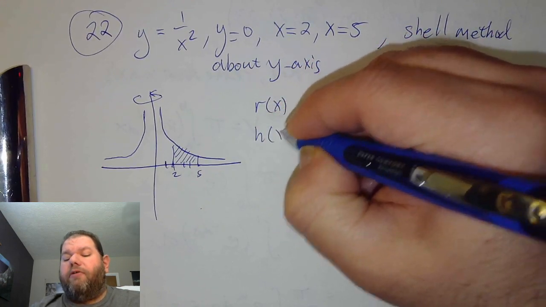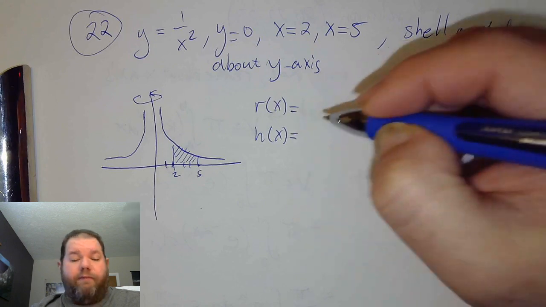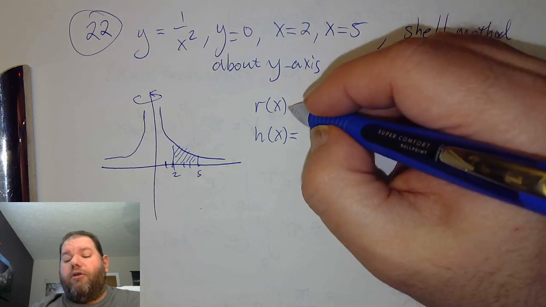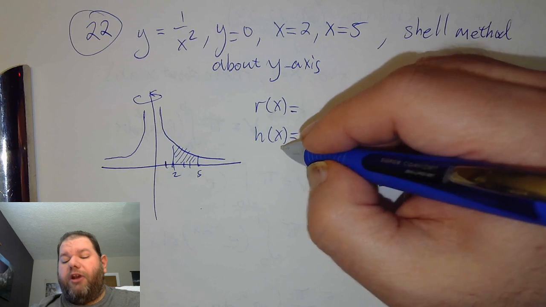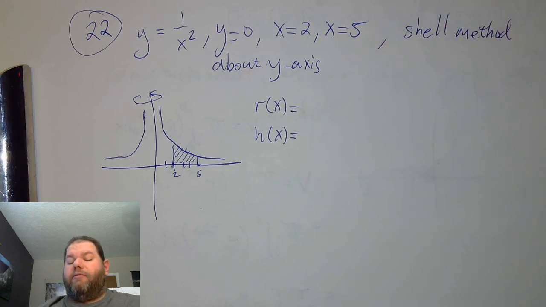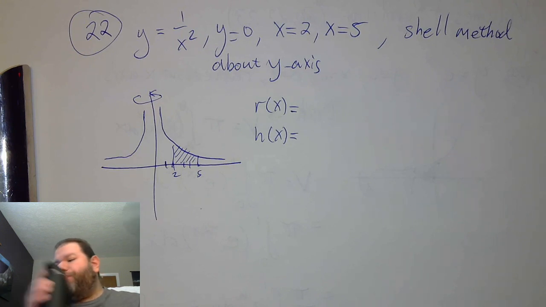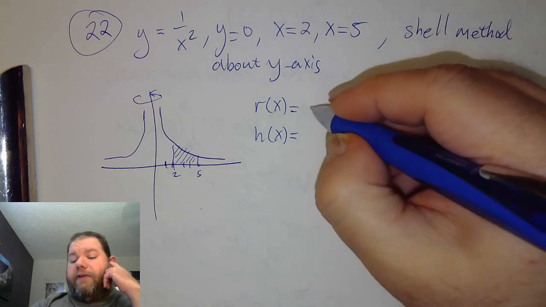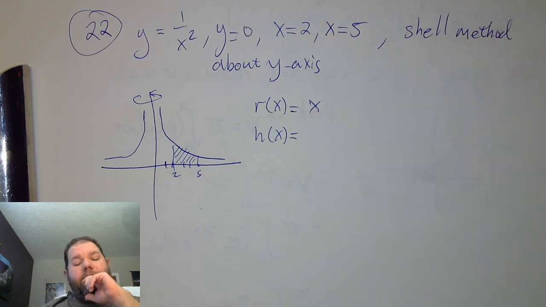When we utilize a shell method, there's two different functions we need to identify. R of x, the radius, and h of x, which is the height. So our radius in this case is just x. Now, remember we said r of x is always the axis of revolution minus x, or x minus the axis of revolution.